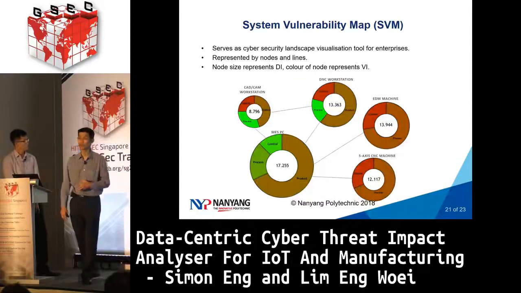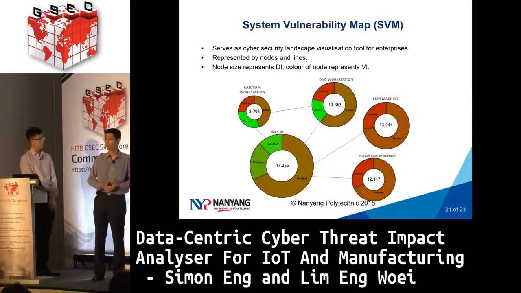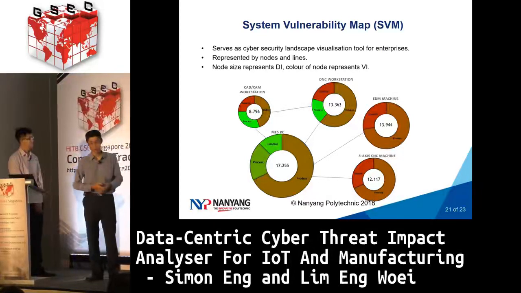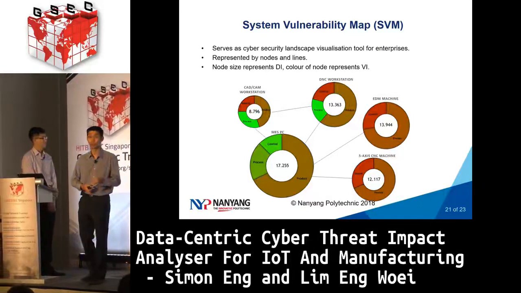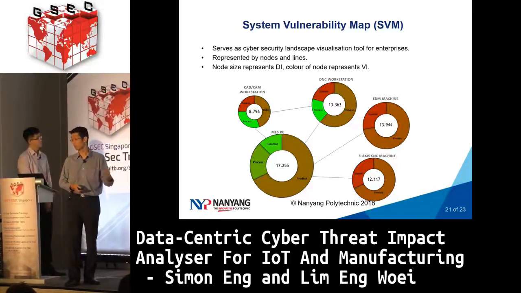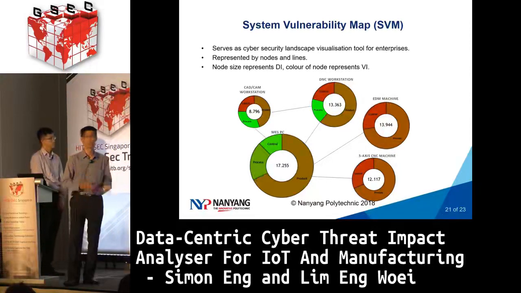In this graph, what you see are 5 of the entities that we have on our manufacturing shop floor. Each one shows the 3 different components we talked about, and we color code them. Of course, green is very low, and red is a high alert.